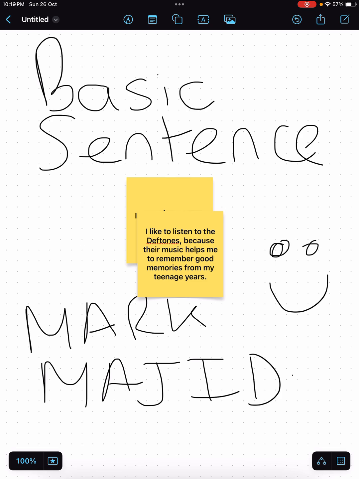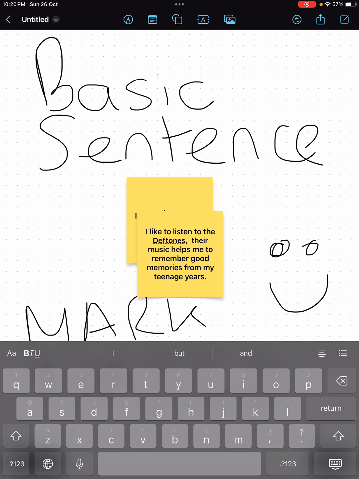So we need to add something here to make it a complex sentence, that explains why I thought it'd be necessary for me to start talking about why I like to listen to the Deftones. So, what can I add here to make it a complex sentence? Well, if I'm going to make this a complex sentence, I would get rid of this.